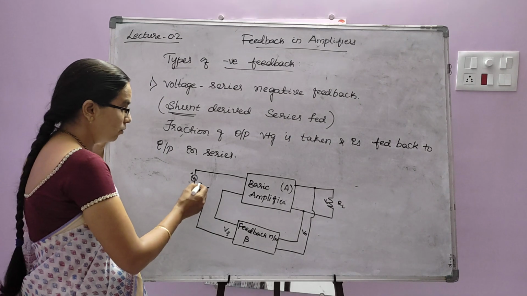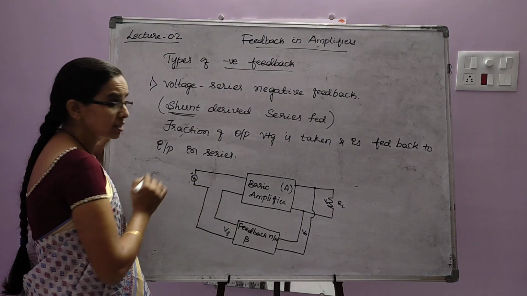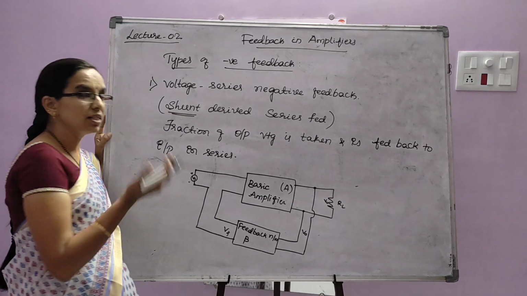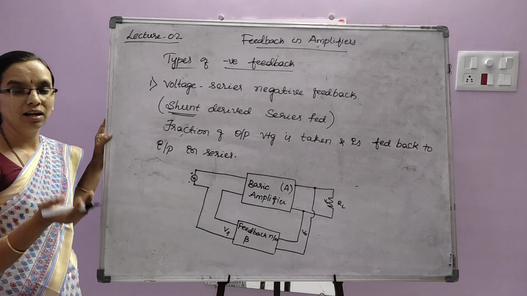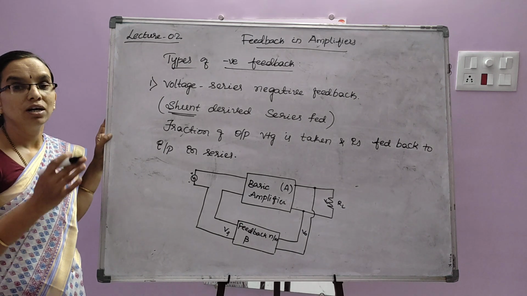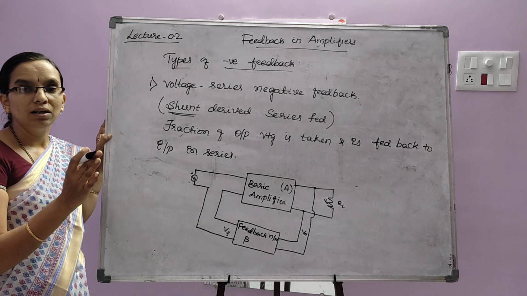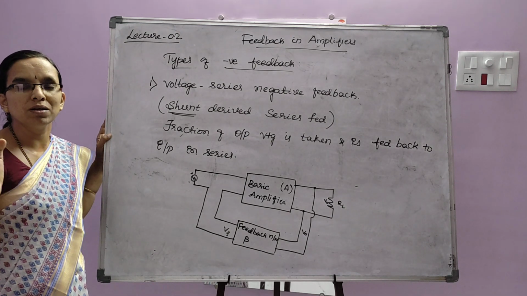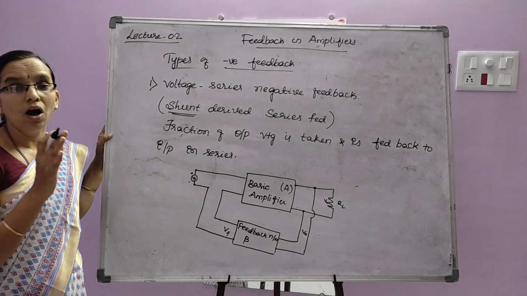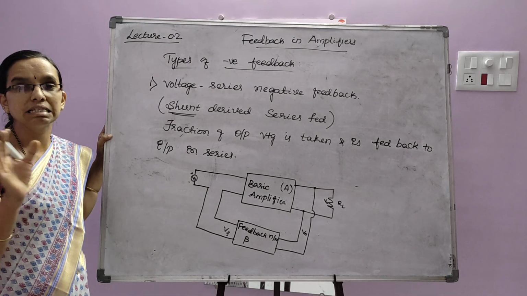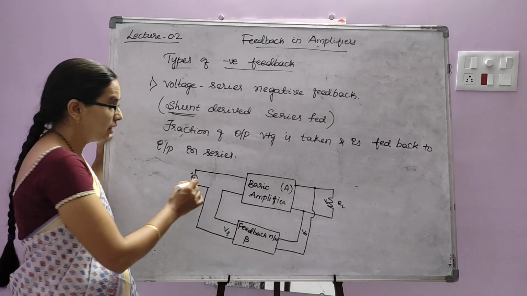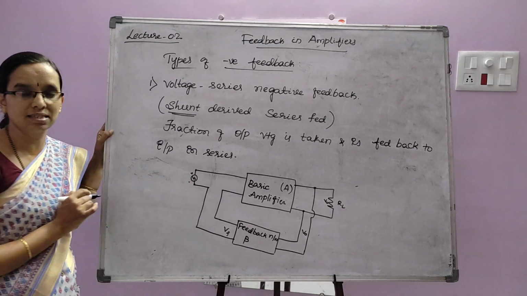See, here we are taking voltage from the output and giving it to the feedback network, where it produces the feedback voltage Vf, connected in series. When voltages are in series, by KVL the main voltage equals the supply voltage equals V1 plus V2 plus V3, right? So voltage adds when it is connected in series.